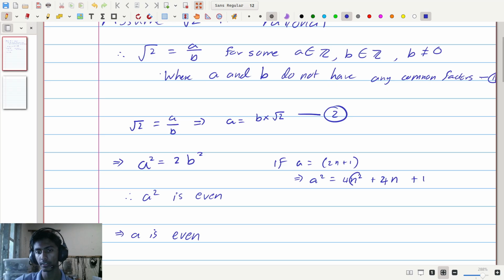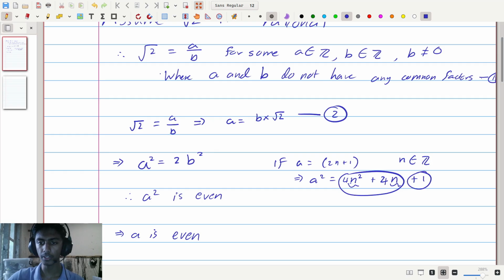Now here this n squared is an integer, because originally remember this n was also an integer. So n squared is an integer, this is an integer, so this whole thing is even. An even number, because it's multiplied by 4. An even number plus 1 is an odd number. So if a was odd, then a squared would also be odd.